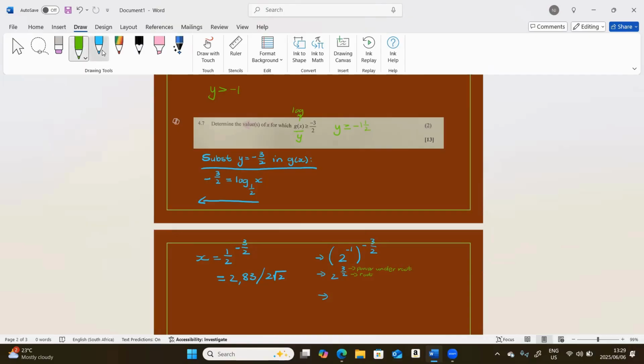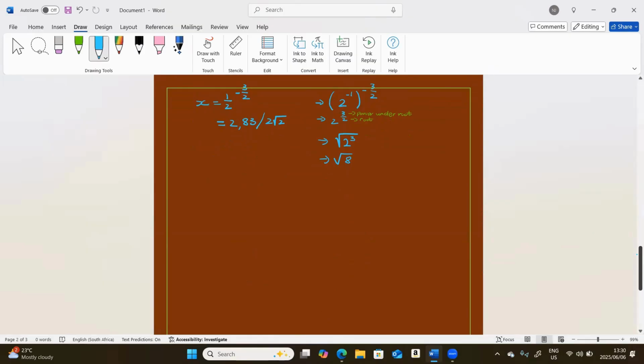Okay, so we can go and rewrite this then as, remember, it will be a square root due to your denominator of 2. Your base of 2 will be under the root, and your numerator of 3 would then be the power under your root. Okay, so when we get this answer, it would be the square root of 8.